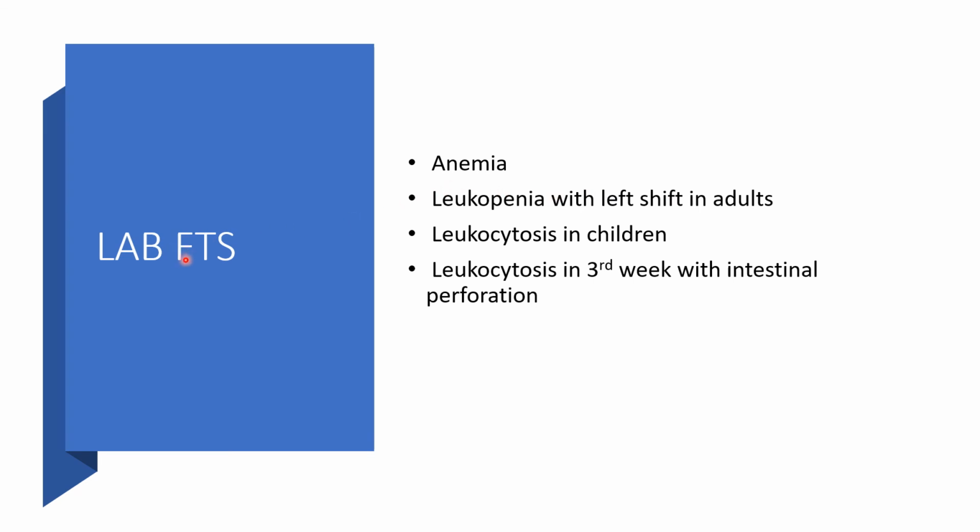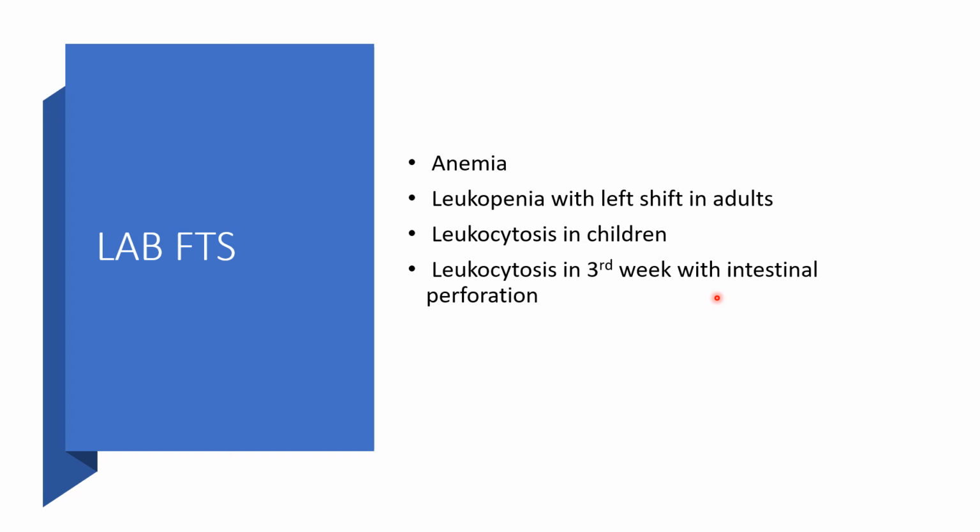Okay, the lab features can be pointing to anemia. Now, when there's perforation and massive bleeding internally, either concealed or getting out through the rectum, there's anemia, there's hypovolemic shock, there's dehydration, and all the likes, right? Leukopenia with left shift in adults, while leukocytosis in children.